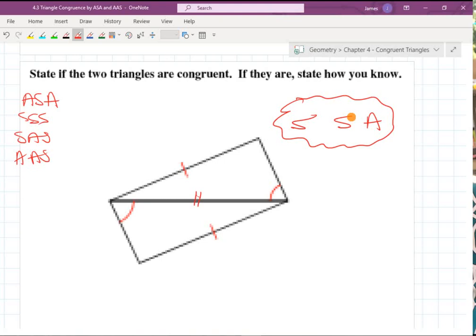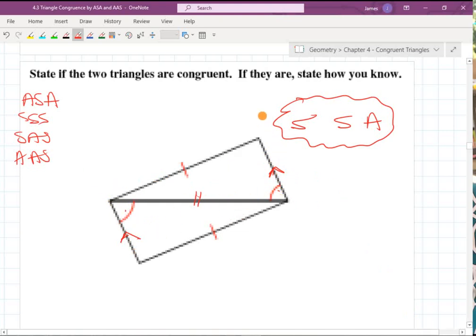Angle, angle, side. How are you going angle, angle, side? Okay, so you're saying that this angle here is congruent to that angle there. How would you know that, though? Okay, so you know these two lines are going to be parallel because that angle and that angle are alternate interior, and they're congruent.